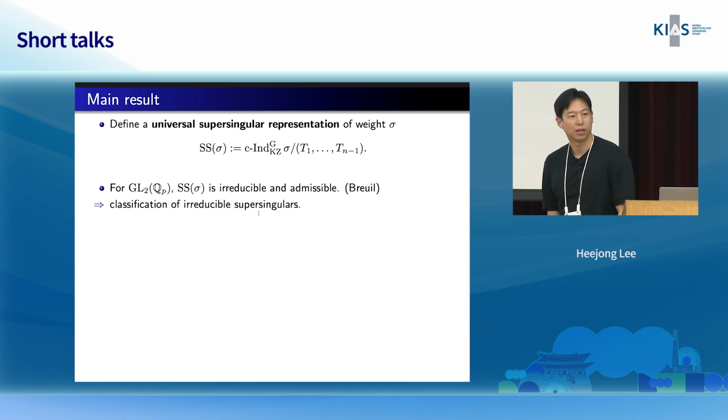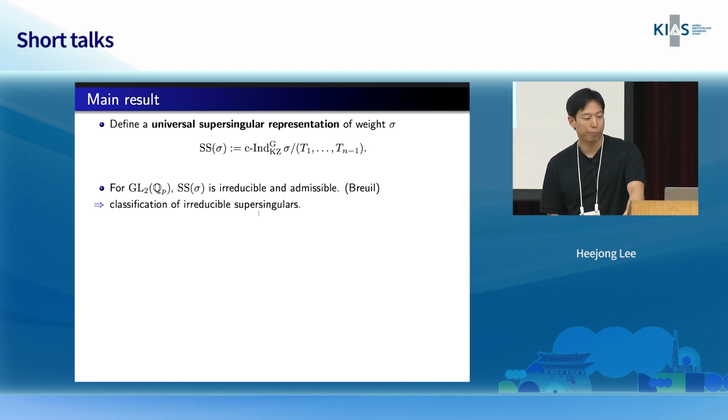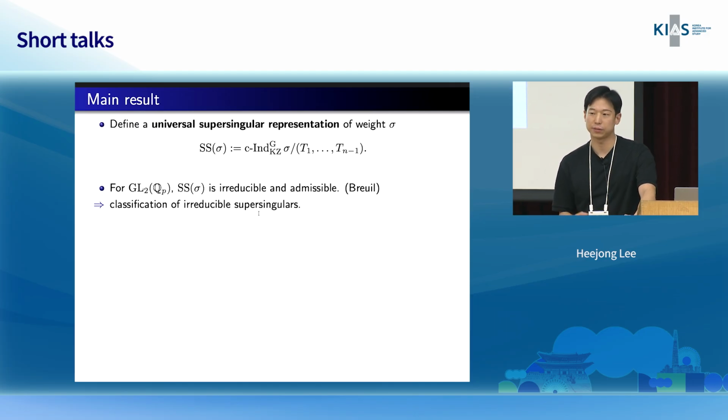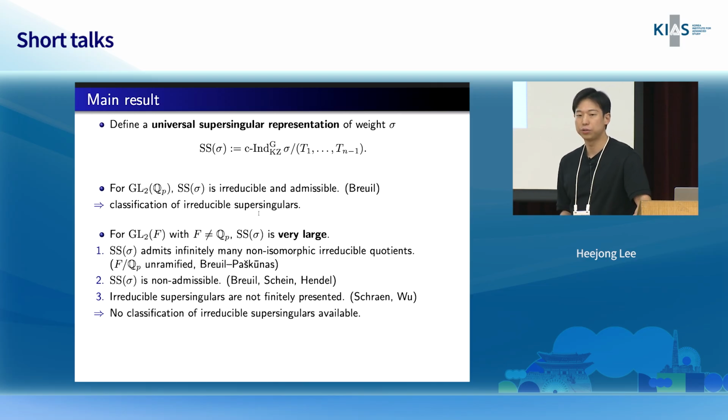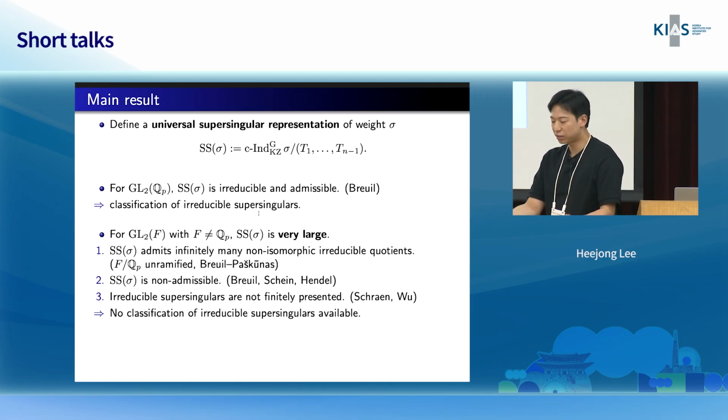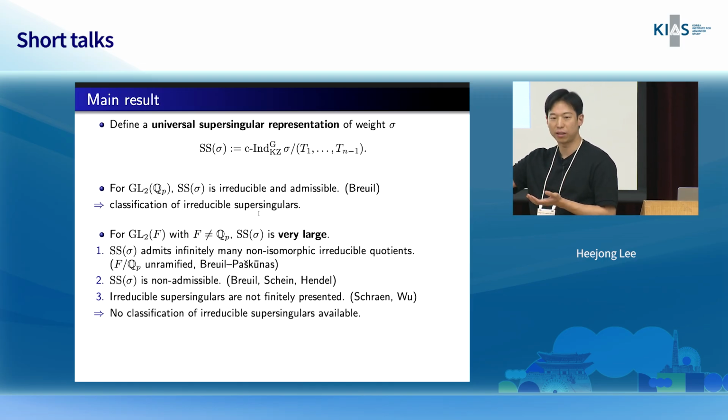So we are very happy. And then once we go beyond GL_2(Q_p), this is very far from true. And in fact, this universal supersingular is very big in the sense that it admits infinitely many irreducible quotients. So it's not irreducible, it's of infinite length.